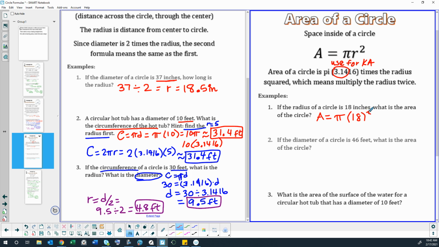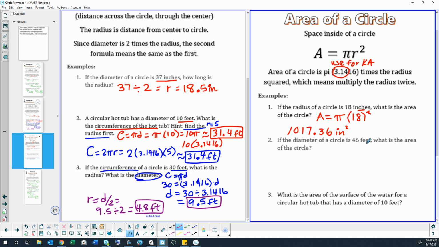In order for these to fit Khan Academy answers, I'm going to use my 3.14 instead of the pi button. So 3.14 times 18 times 18, and I get 1017.36. Now, since this is an area and the unit was in inches, area is going to be square inches.